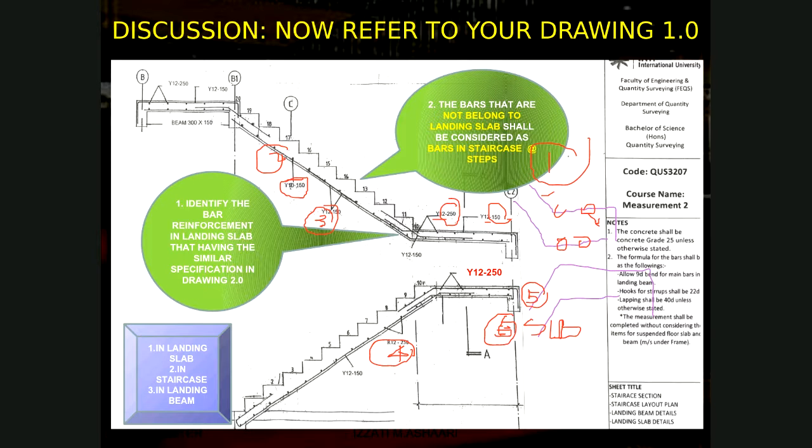You have to check whether the diameter is similar, whether the texture is similar, and whether they are in a similar location. Location here is where I ask you to measure the landing slab first. After that, you identify for the steps. Then after that, you identify for the landing beam, LB. Okay, so that will be the end of the discussion before you start your work in the studio.